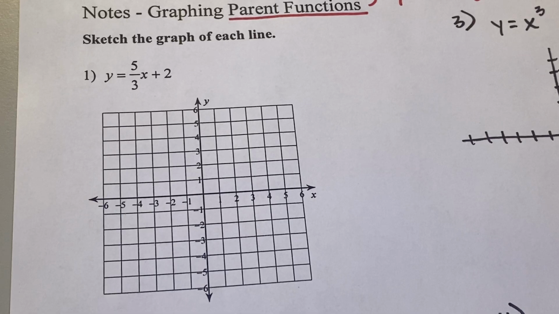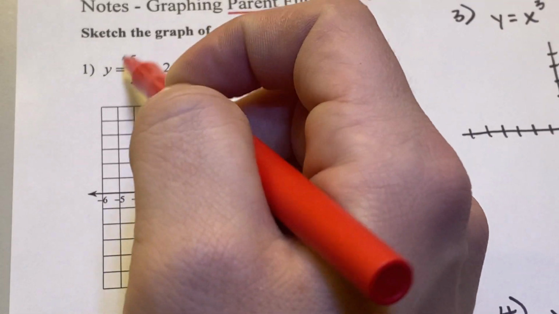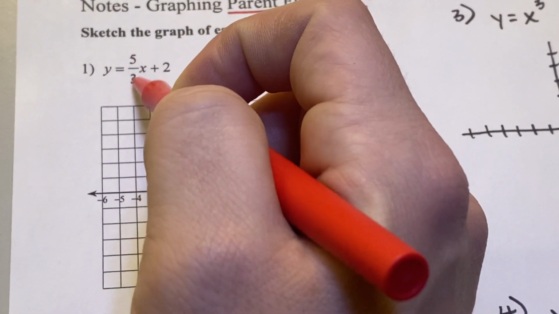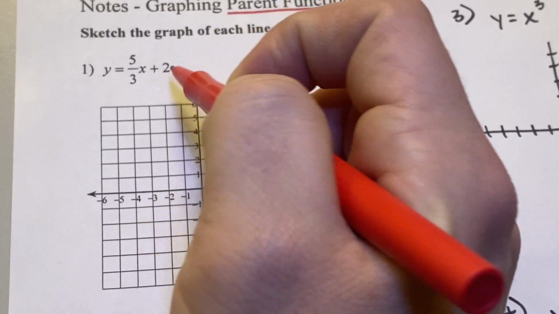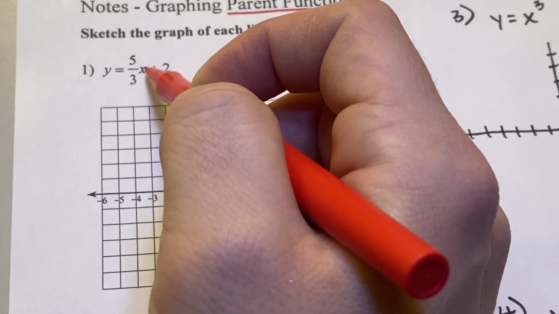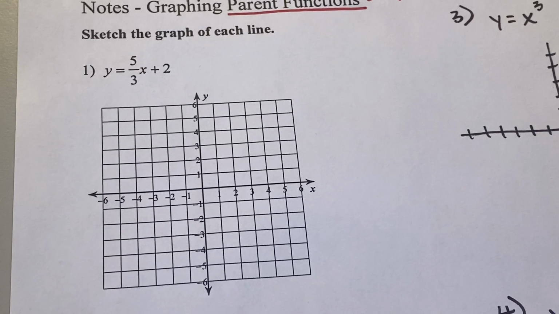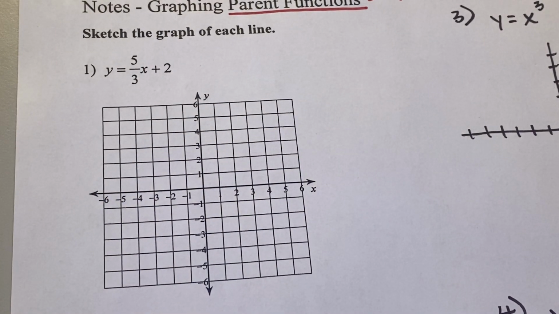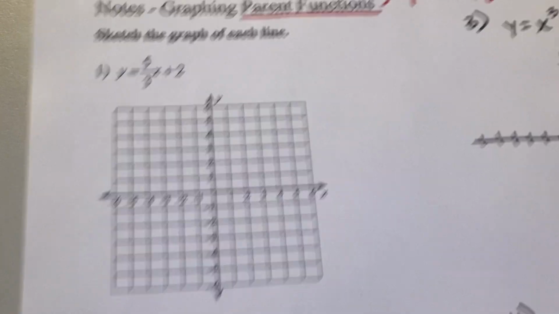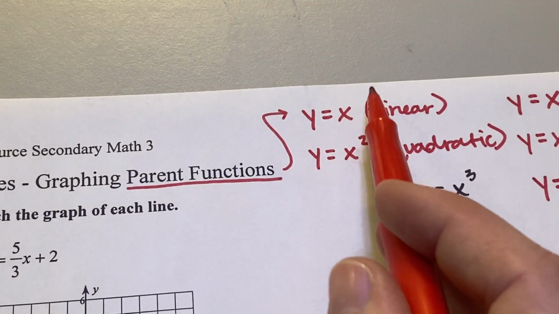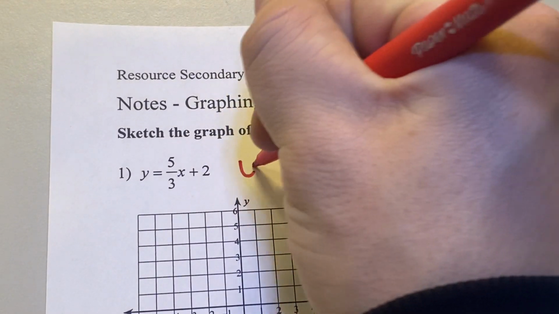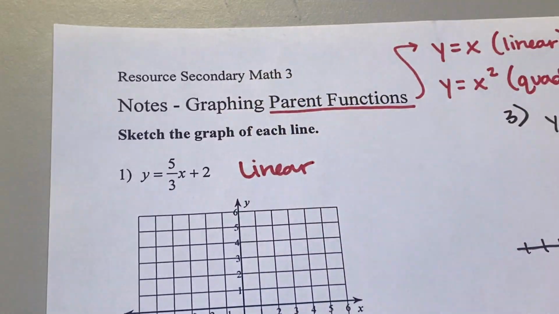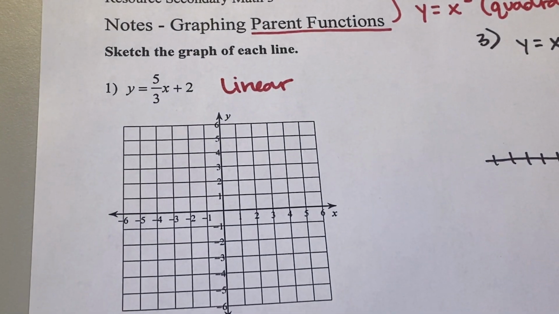Okay, answer me this. This actually is not a parent function because we have this 5/3 that's been added and this +2 that's been added. But tell me, what power is on my x? What's the invisible exponent attached to that x? 1. Beautiful. So again, when the invisible exponent is 1, this guy is a linear function.